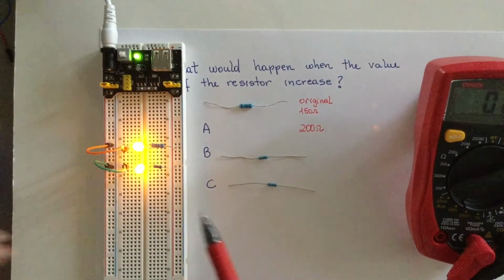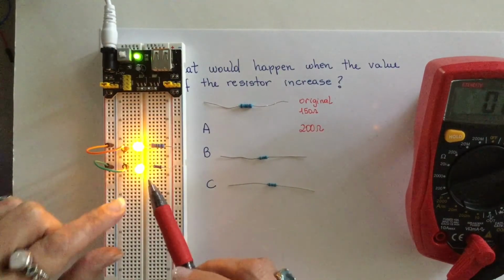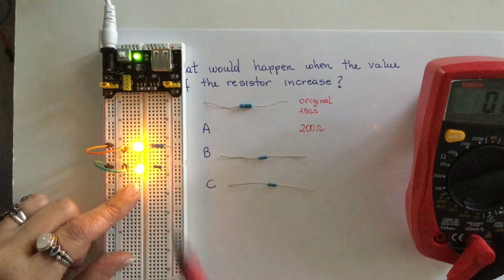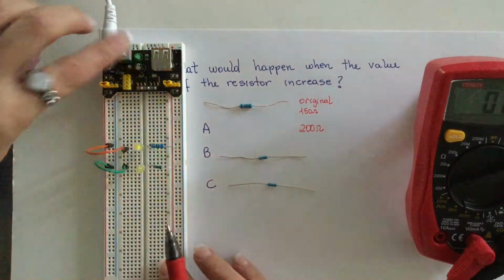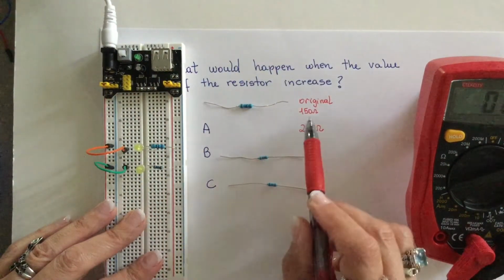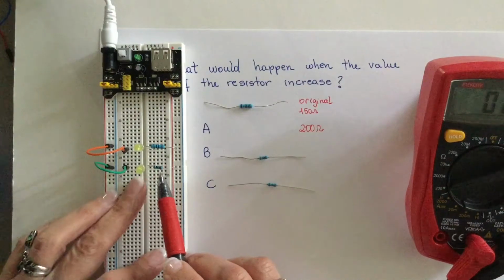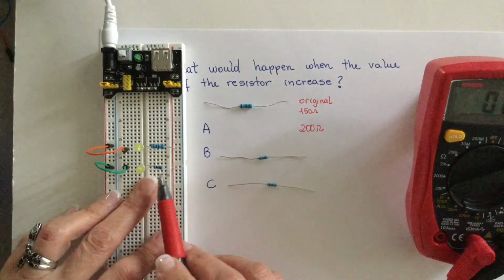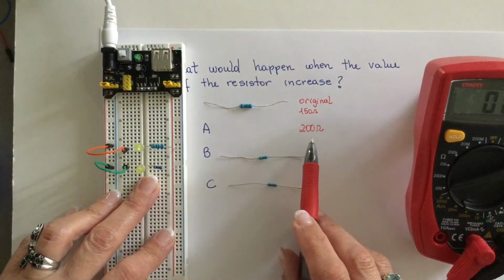I removed all the other LEDs and I brought a yellow one so I can compare. So this one here is the original one with 150 ohms, and the second one is the same circuit, but now I have a resistor of 200 ohms.